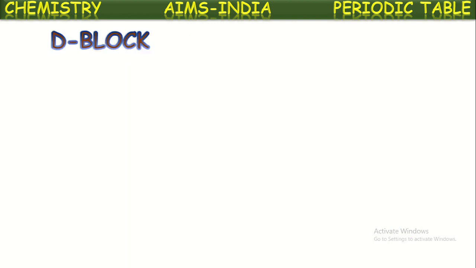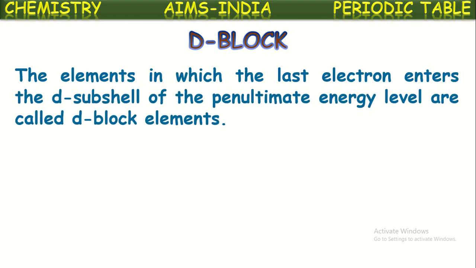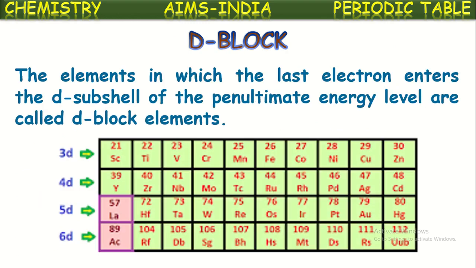If you see next, the d block, the elements in which the differentiating electron enters the d subshell are called d block elements, as we told. So these 10 columns.